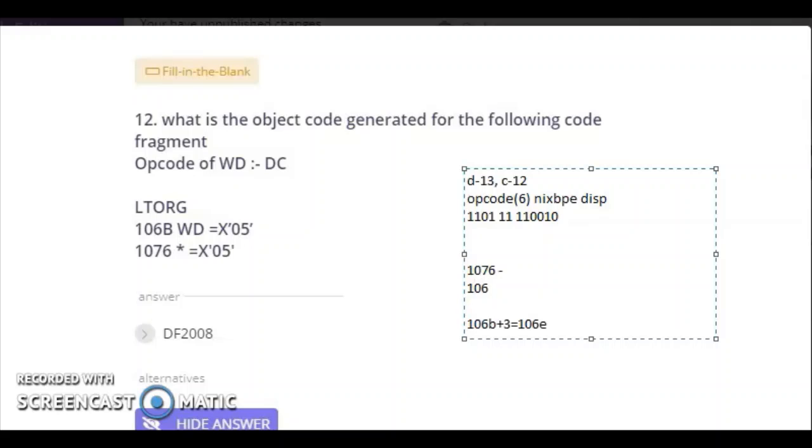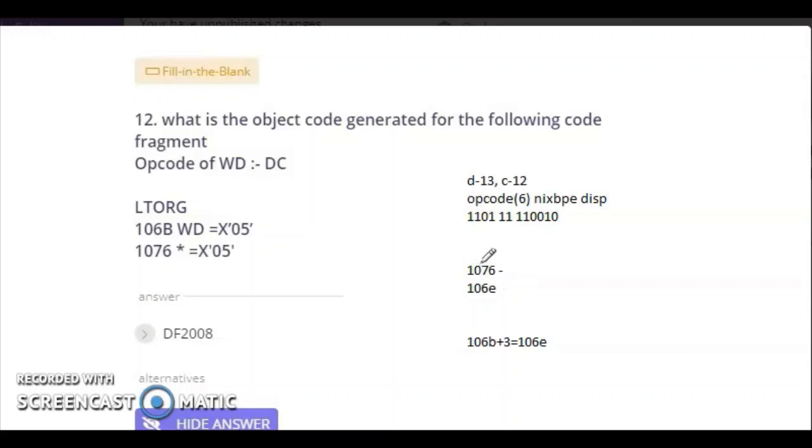So 106E will be subtracted from 1076 to get the displacement. Here 6 minus E: E is 14, so we need to borrow. 7 becomes 6, and the borrowed 16 is added to 6, which is hexadecimal subtraction, giving 22.